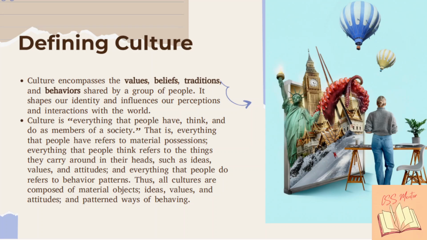Everything that people think refers to things they carry around in their heads, such as ideas, values, and attitudes. And everything that people do refers to behavior patterns. Thus, all cultures are composed of material objects, ideas, values, and attitudes, and patterned ways of behaving.